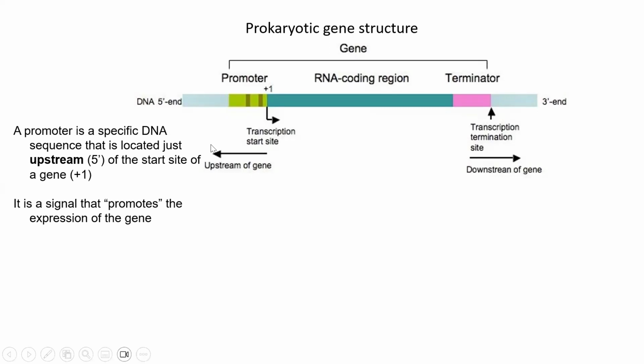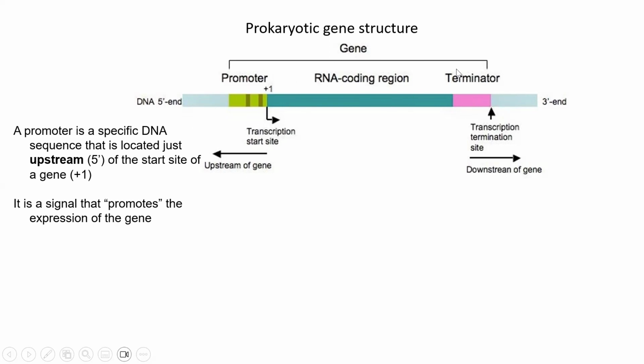In prokaryotes, the structure starts off with a promoter region. This is a specific DNA sequence that is upstream, or before, the start site of the gene. Then there's the start site for transcription, and it goes through this entire RNA coding region. There are no separate parts to this.